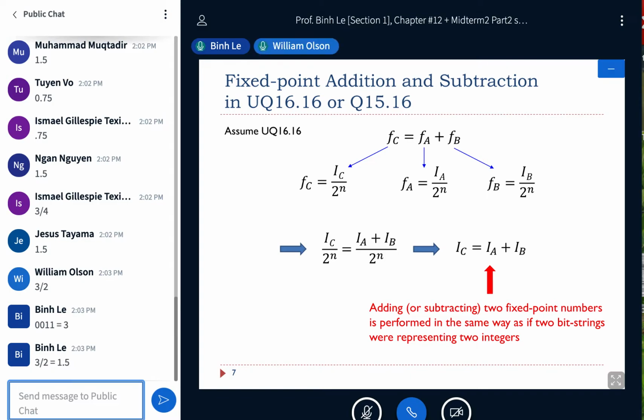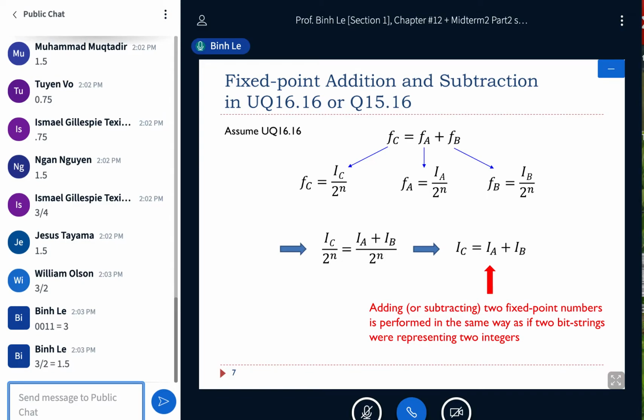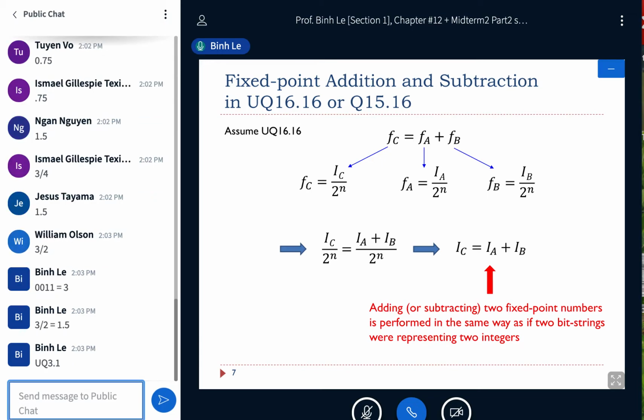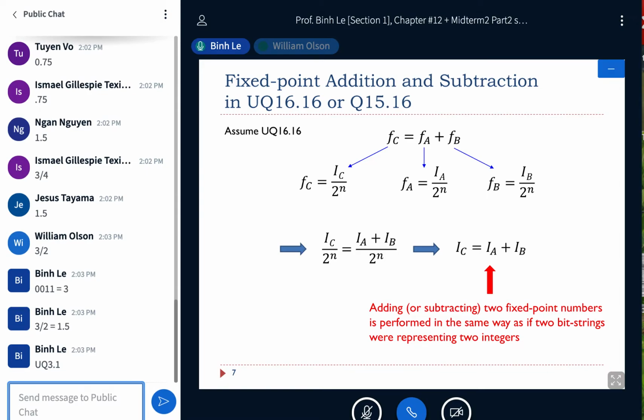So the same thing, I will use a 4-bit binary number, and I would tell you that the format I use is unsigned again, UQ3.1. I mean the same thing. I will use that one, and I will give you 4 bits now in binary. Okay, so let's see. How about 1101?